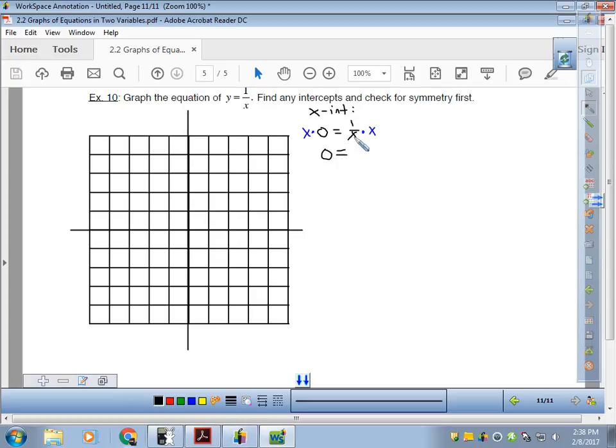Over here on the right-hand side, 1 over x times x. That x can cancel out with that one, and so all we have left is 1. So I get a statement 0 equals 1. Is that a true statement? No, it's false. 0 does not equal 1. So what that tells us is there is no x-intercept.